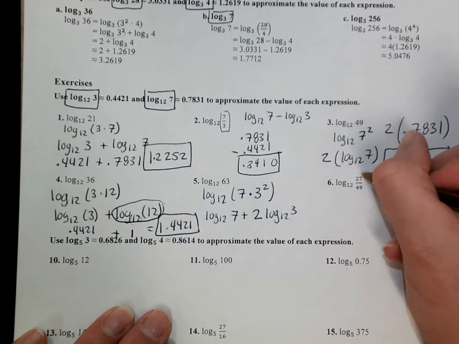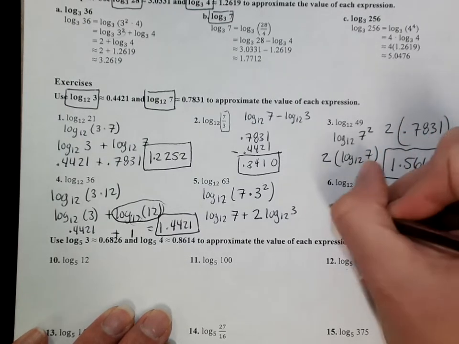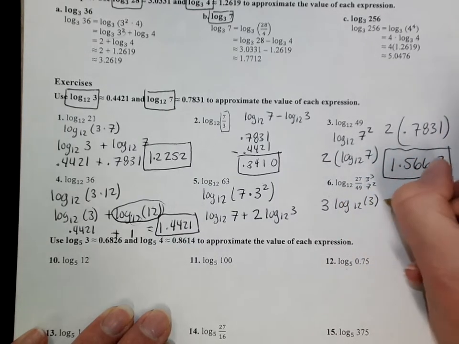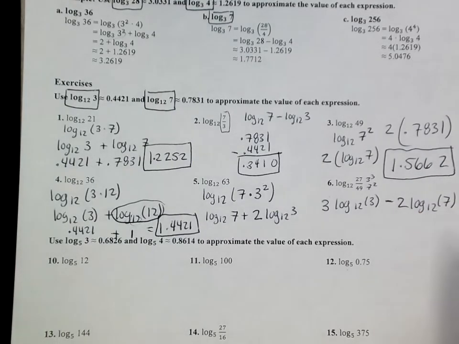So I could do the same thing here: 3 cubed over 7 squared. So that's going to be 3 times the log 12 of 3 minus 2 times the log 12 of 7. You kind of get how some of those work.